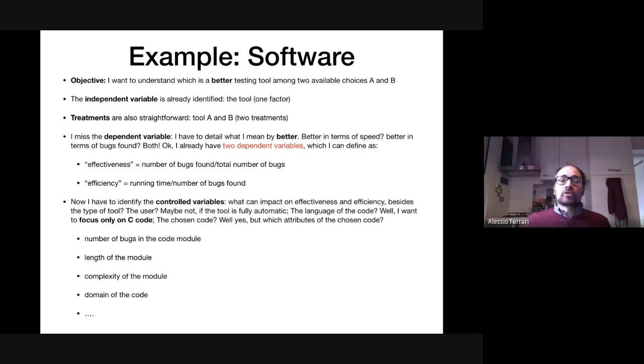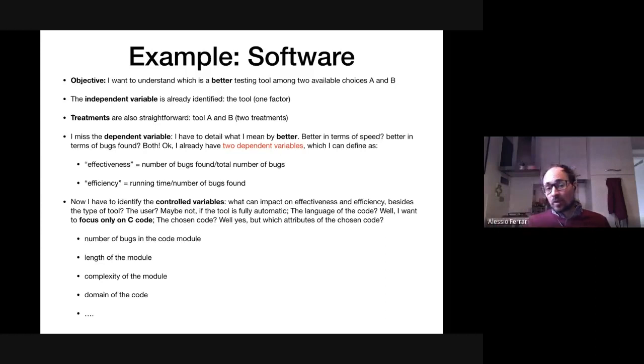Of course, another variable to take into account is the chosen code sample, as we exemplified before. But which are the attributes of the chosen code that may have an impact on the dependent variables? One might be the actual number of bugs in the code module, so I need sufficient variation in terms of number of bugs in each module that I'm testing.